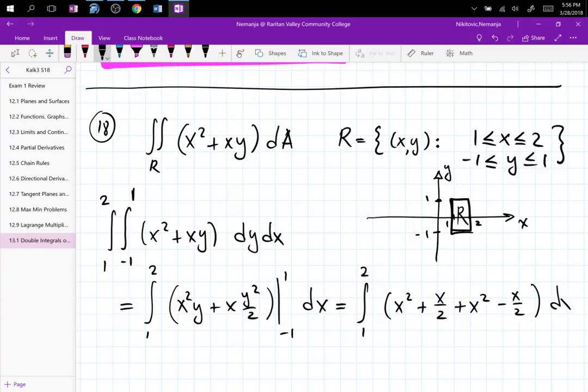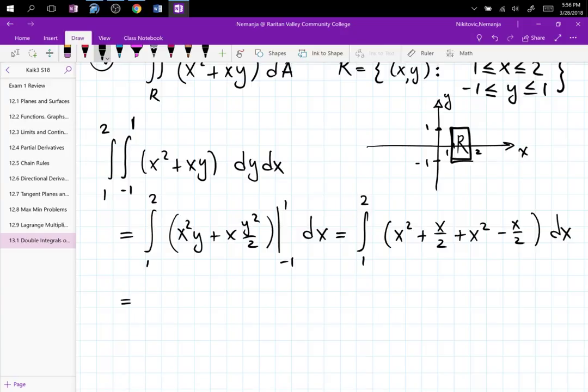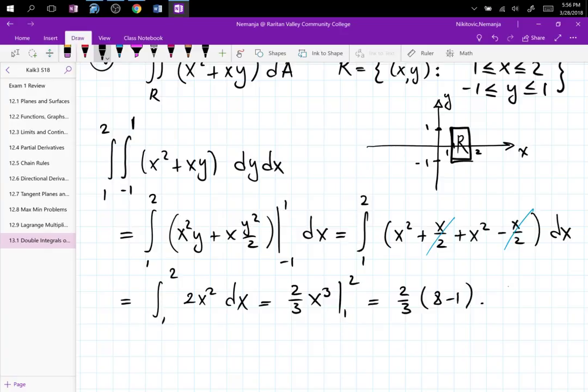And then we still have dx from the dx integral. The dx over 2 cancels, and we have the integral 1 to 2 of 2x squared dx. And that is 2/3 x cubed from 1 to 2, which is 2/3 of 8 minus 1, which is 14/3. So the volume of this object is 14/3.